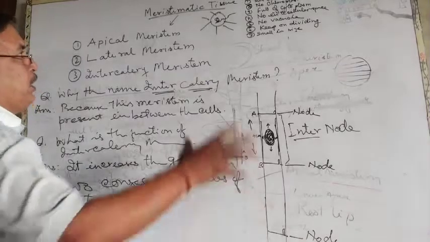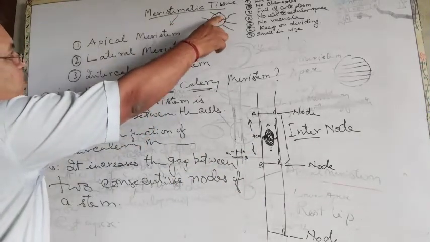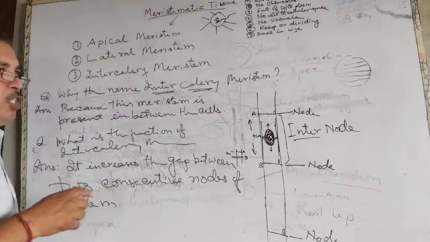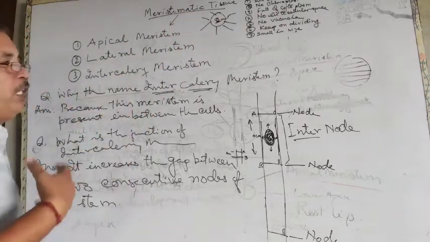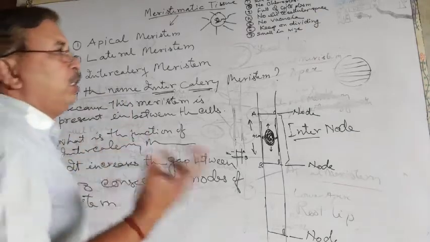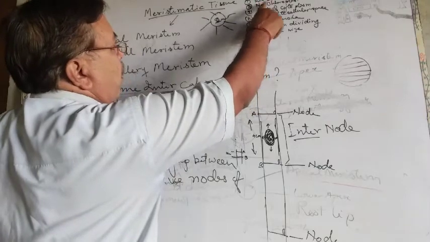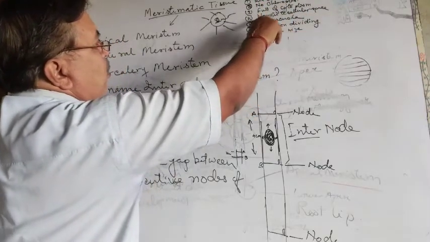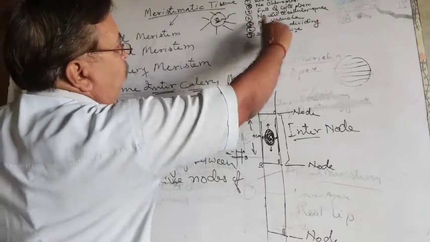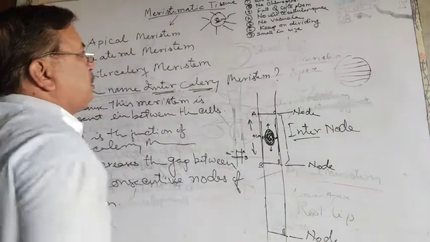So come back, we'll take a review of this. Today we have read about the meristematic tissues. These tissues are not permanent. The cells that make this tissue keep on changing their number, shape, size and features. About their features I have told you, they have very thin cell wall or no cell wall. They don't have chloroplast, are full of cytoplasm, no intercellular space, no vacuoles, keep on dividing, small in size.